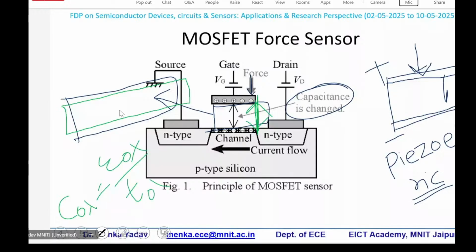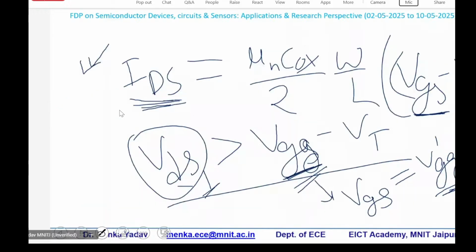And what we know about the current equation is that this current is directly proportional to your Cox, right? So it means the current is being modulated. You will keep your VGS and VDS constant and find out how your IDS is being changed. Depending on that, of course, it will be a function of Cox only. So if Cox is increasing and other things are constant, there will be a linear behavior between the current and the Cox.